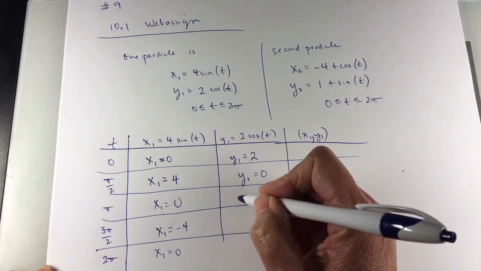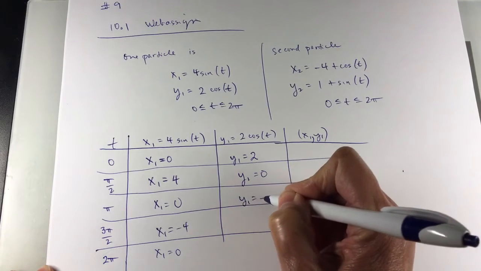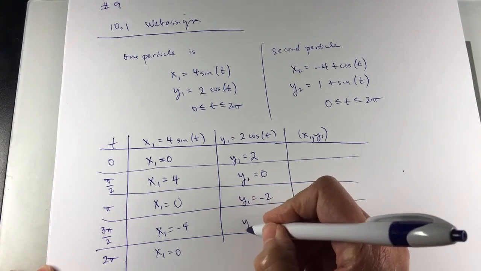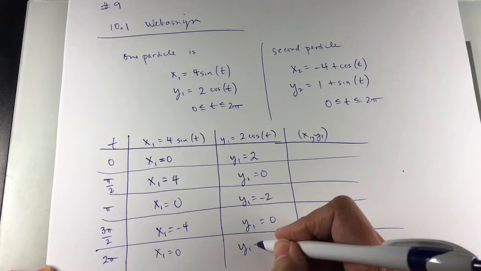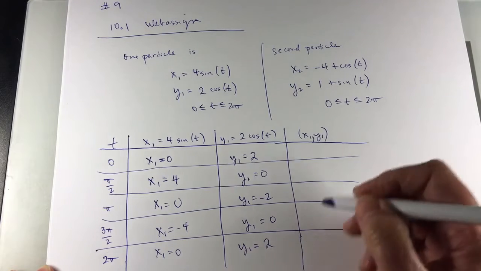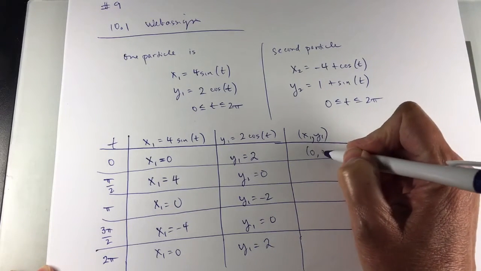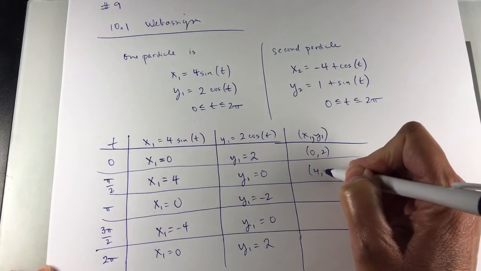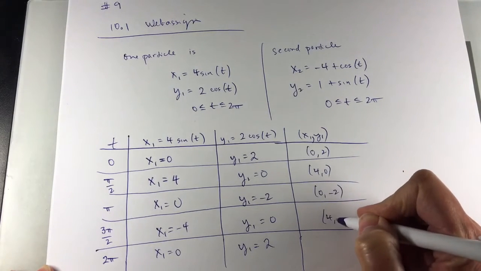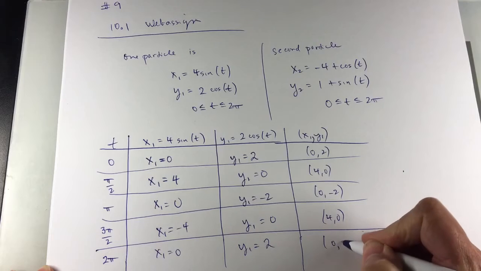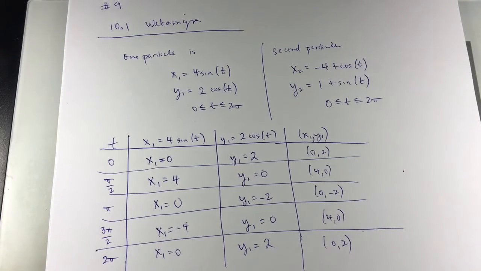When t is pi, negative 2, this one is 0, and the last one is 2. So the pairs are 0, 2, 4, 0, 0, negative 2, negative 4, 0, and 0, 2. I missed the negative 4. Thank you. Okay, negative 4.